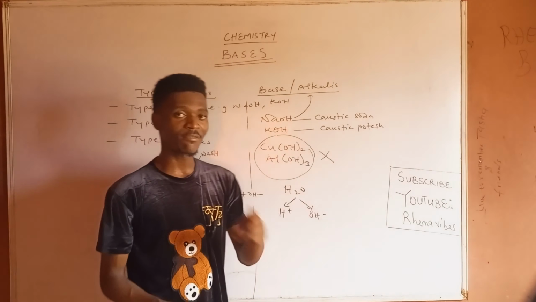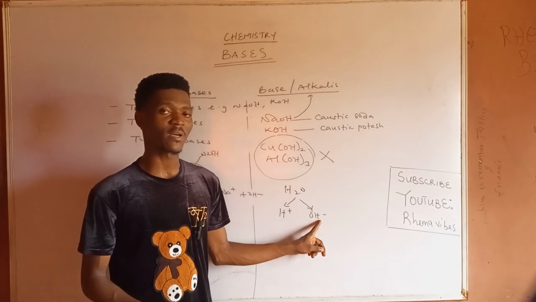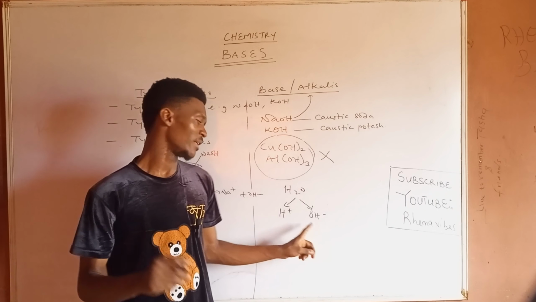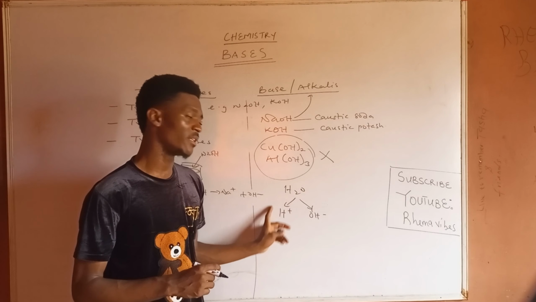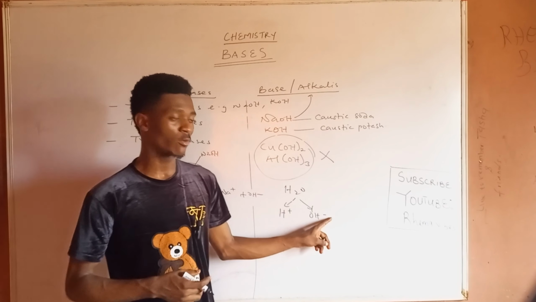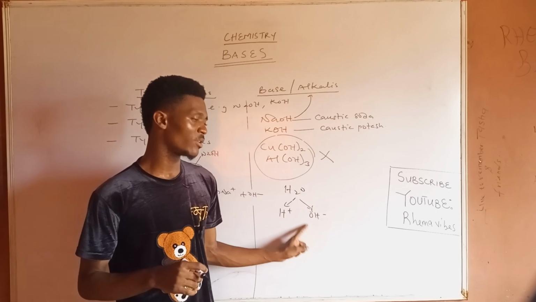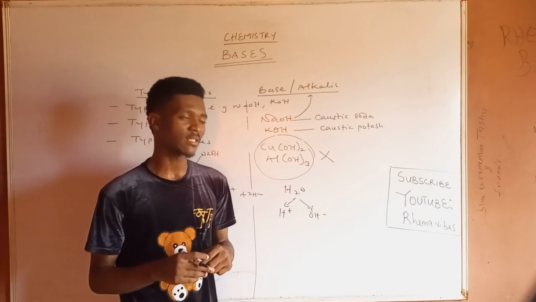It doesn't stop there. It attacks one part of water, being the H plus, to form a radical, and then you are left with the OH minus. So since it has the ability to release OH minus, then you can also call it a base.